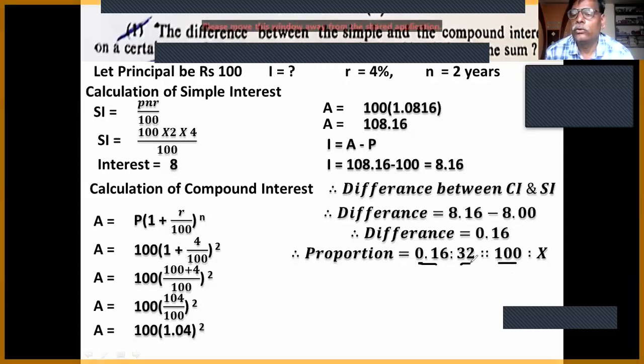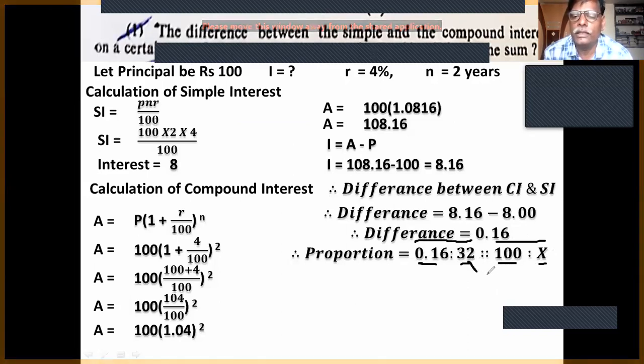But for 32 difference, what is the principal? This is the one ratio, the principal ratio. This is the difference ratio. Difference ratio is 0.16 is to 32, and principal ratio is 100 is to x.